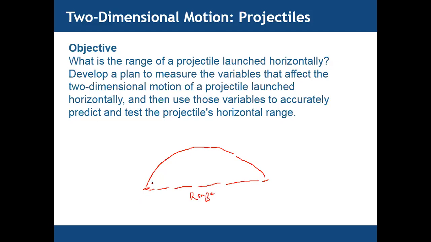So how can we find it? For example, if you throw with initial velocity, let's suppose Vi, and the angle is given like 30, 40, 50 degrees, then there are two components of initial velocity, a horizontal component and a vertical component.